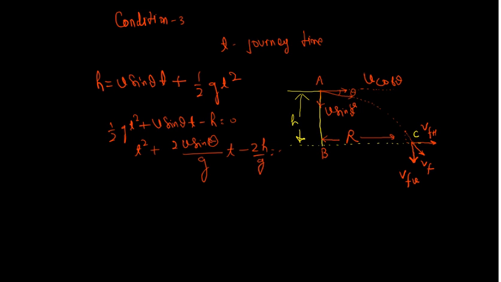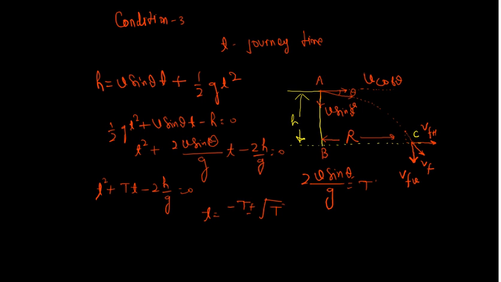Again you can assume 2v sin theta divided by g is equal to capital T. So if you go further, t square plus capital T into small t minus 2h divided by g is equal to 0. If you calculate the time, your time will be minus T plus or minus the square root of T square plus 8h divided by g, the whole divided by 2.